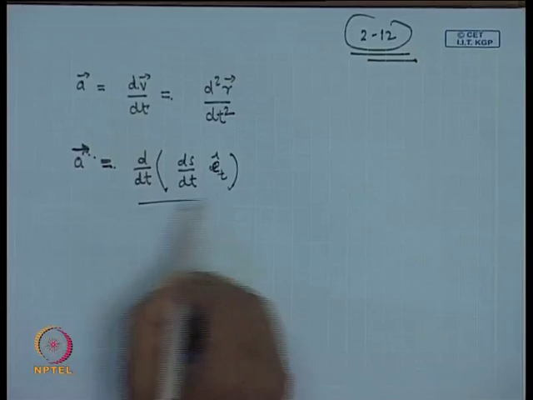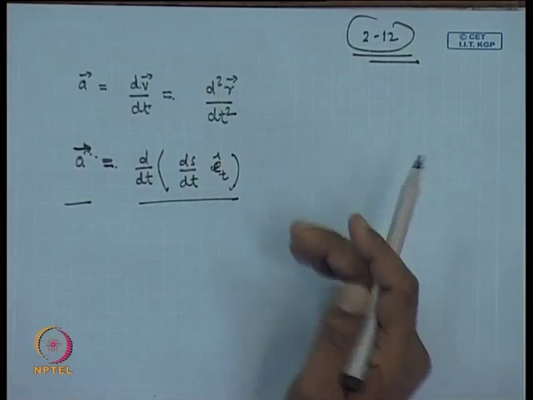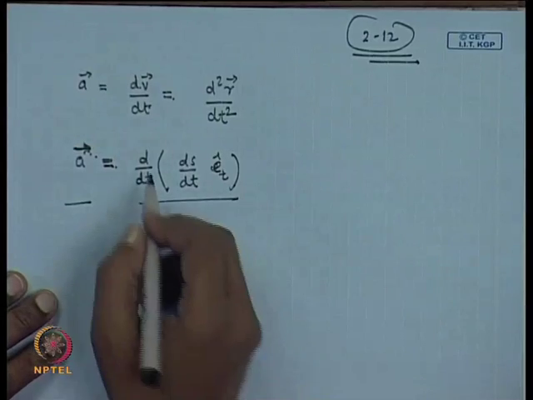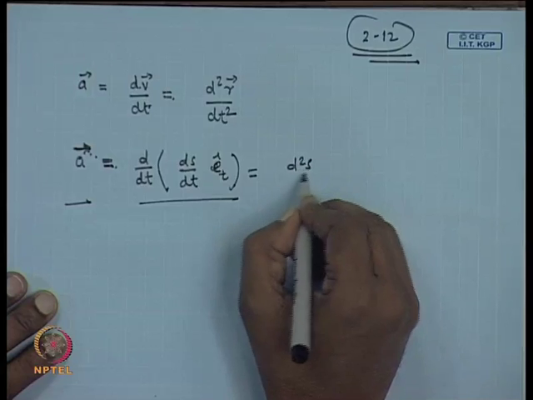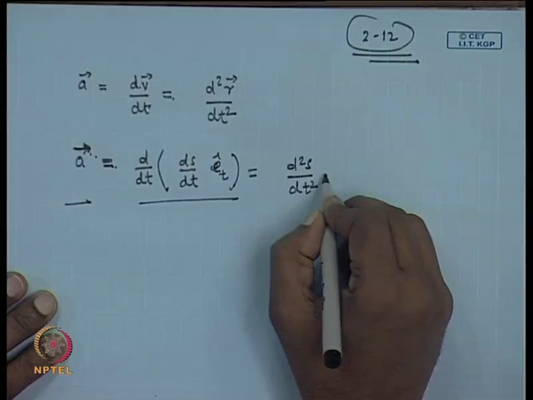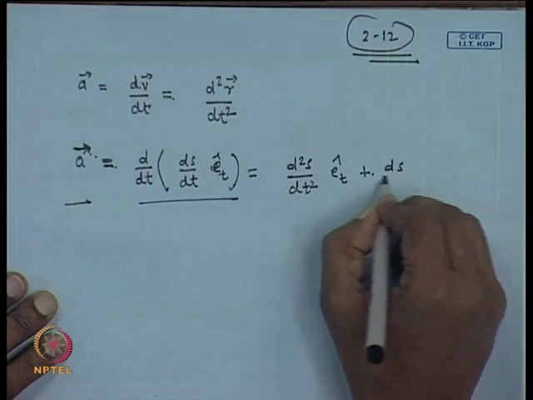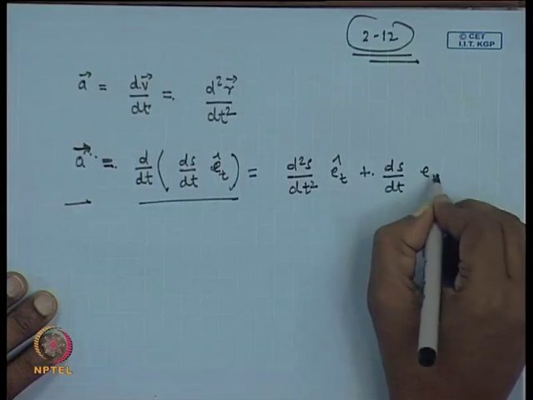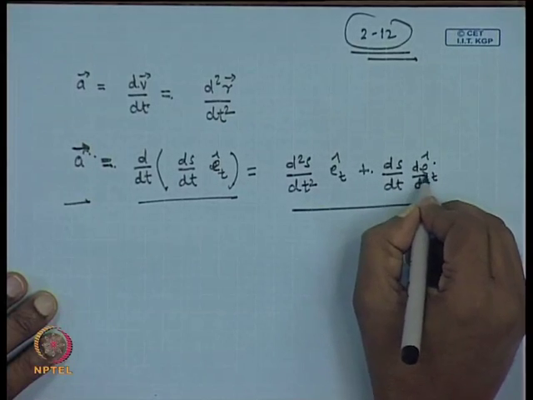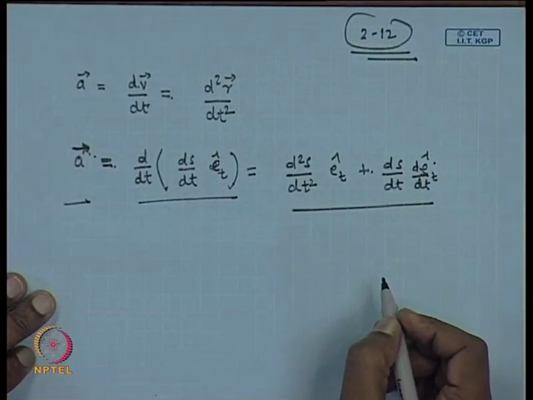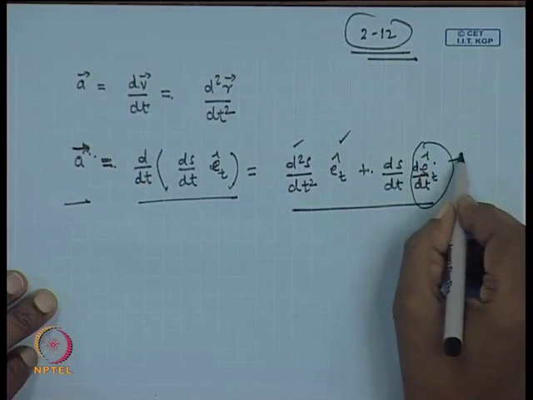Okay, so, this is one way of working out the acceleration. Also we can do this in the polar notation. So, if we take the derivative here, this becomes d square s by d t square times E t cap plus d s by d t times d by d t of E t cap. Okay, this is clear. This factor we need to work out.